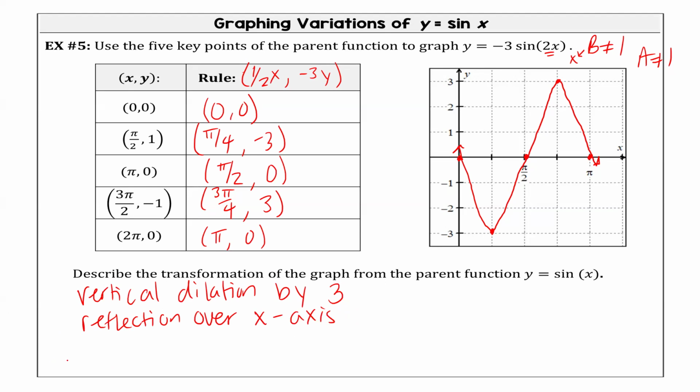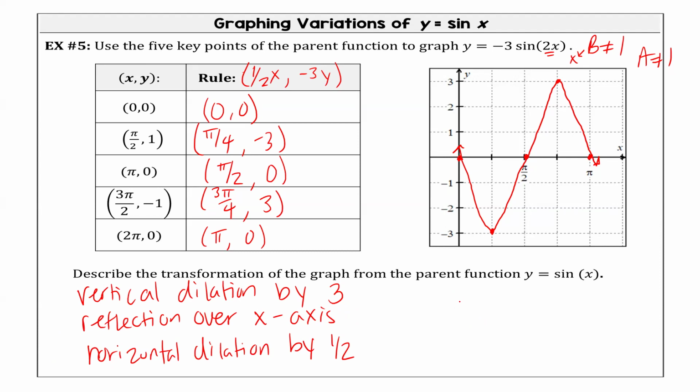What else happened? So that means we have a horizontal dilation by 1/2. How do we feel about that?